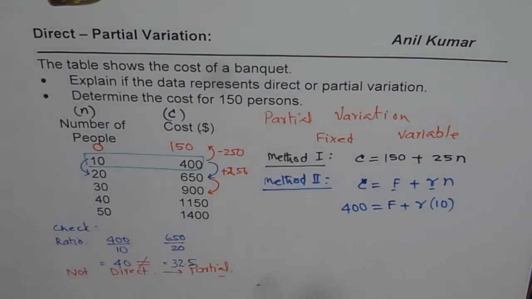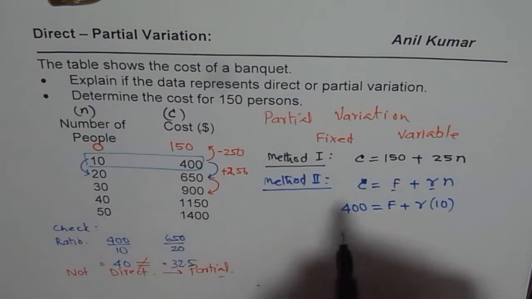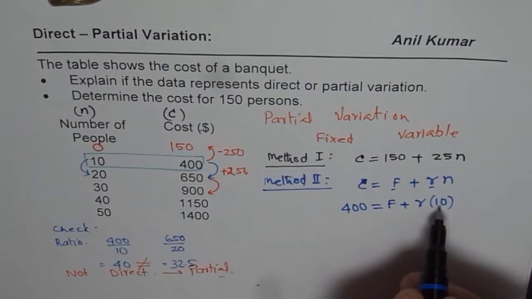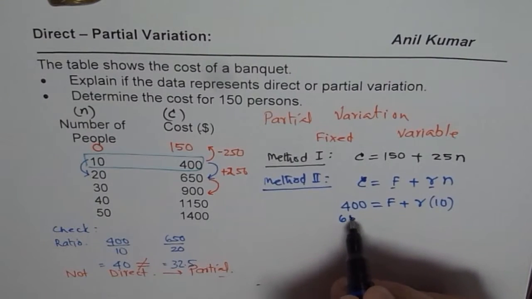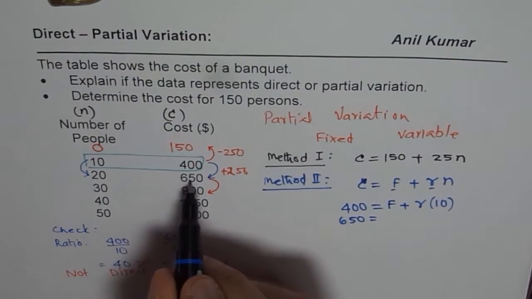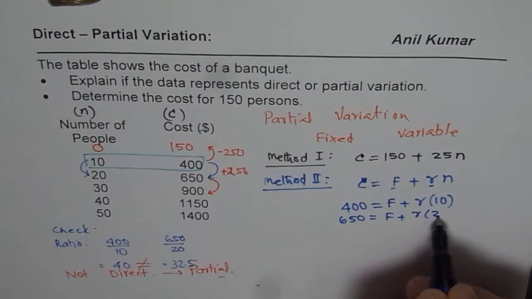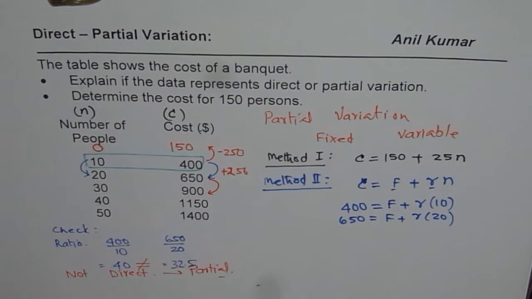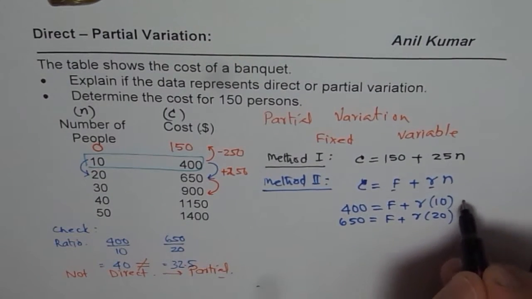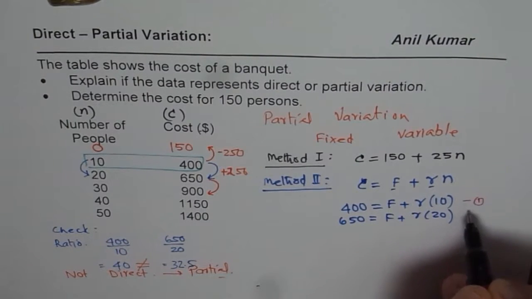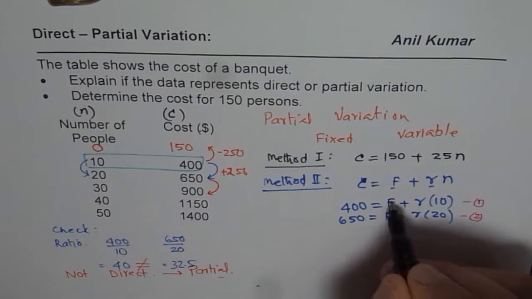Now from the second set, we get 20 people, 650. So 650 is the cost for 20 persons: F plus R times 20. So we get two different equations, and from these two equations, we can find both variables.